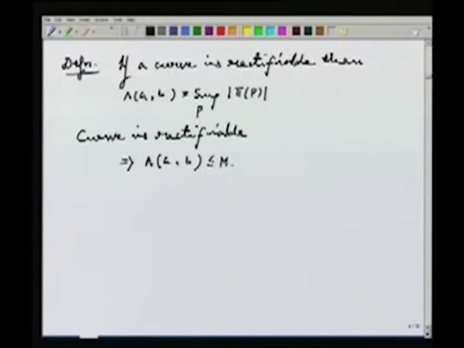Now, what we need is a criterion by which we can determine when the curve is rectifiable. So let's make it very clear that I am going to concentrate only on rectifiable curves, because non-rectifiable curves do exist, and rectifiable curves just mean that it has got well-defined length. And how does one define the length?